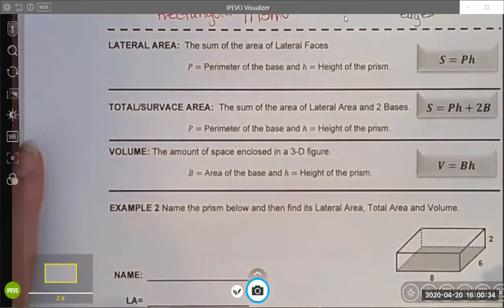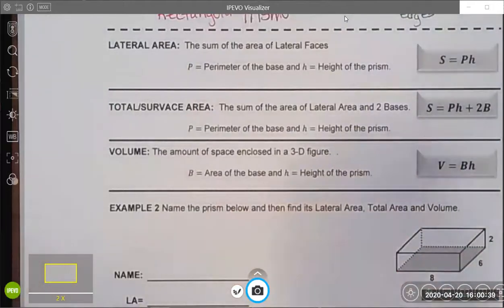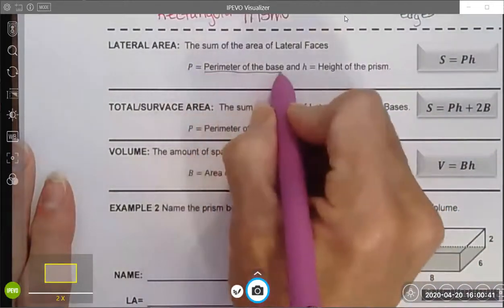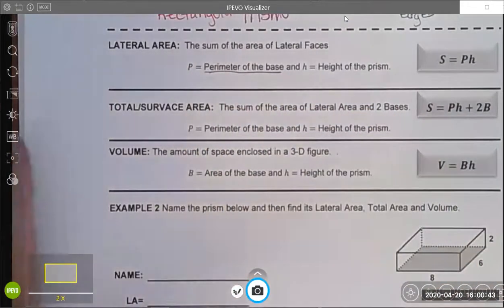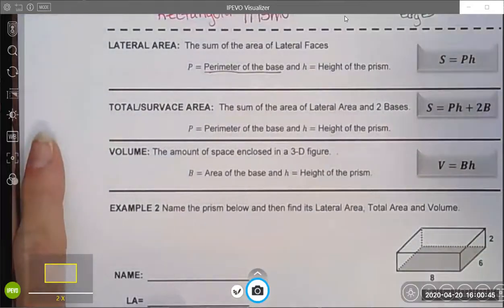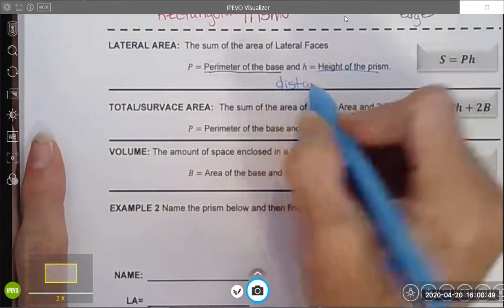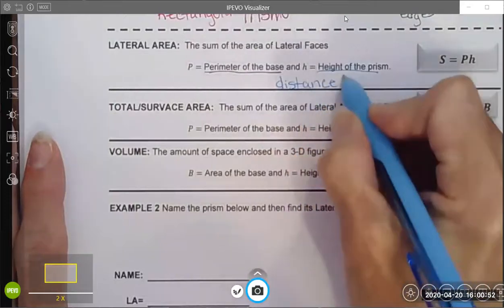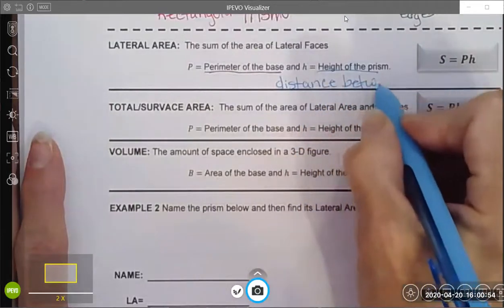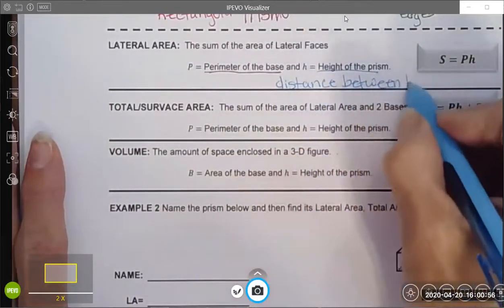So if I'm looking at this, this is the perimeter of the base, that's the distance around the base, and the height is the distance between the bases. And I'm going to write that down because that's pretty important.